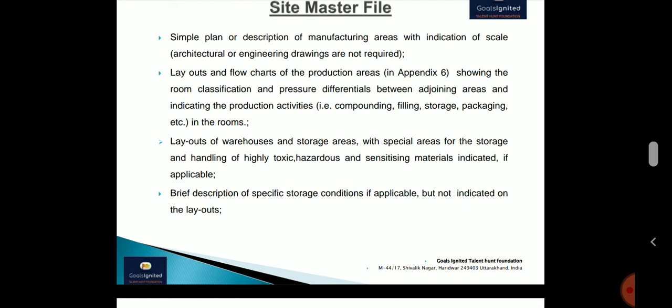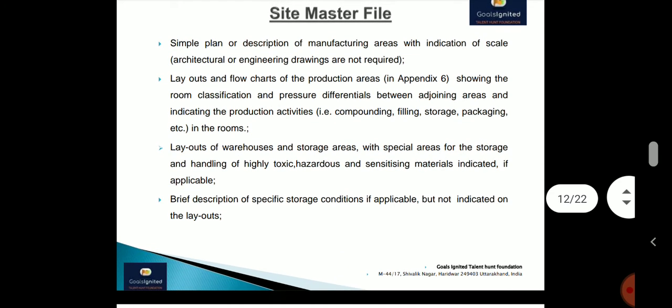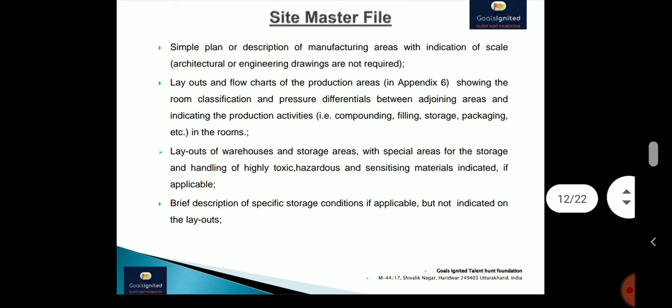But it is not required to be incorporated in the site master file, because it may be called for by the regulatory representative or the auditors at the time of the physical visit to the site. So everything need not be mentioned in the site master file, only the basic and key information need to be incorporated.